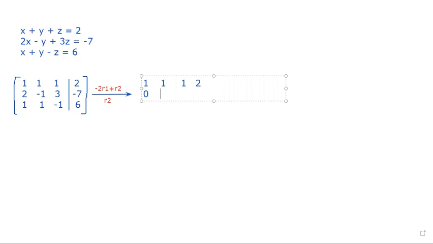Negative 2 times 1 is negative 2, minus 1, that gives us a negative 3. Negative 2 times 1 gives us a negative 2, plus 3, that gives us a 1.